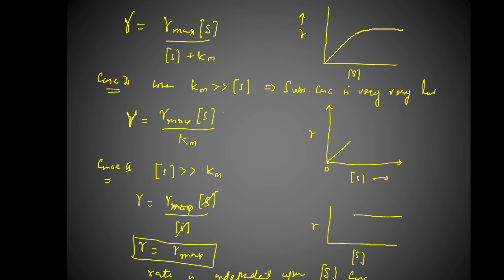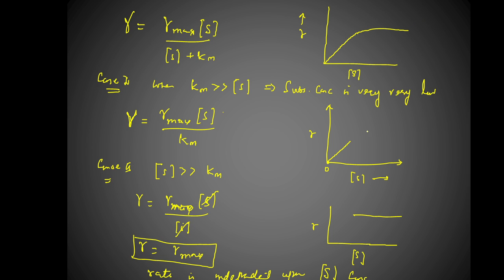So this becomes the graph. This is at high values of S, when the substrate concentration is high. This is at low values of S, when the concentration of substrate is low. So when the concentration of substrate is low, rate is directly proportional to substrate concentration. If you increase concentration, rate increases. But when the concentration of substrate is very high, rate does not depend upon substrate concentration. That's why we can have this type of graph.